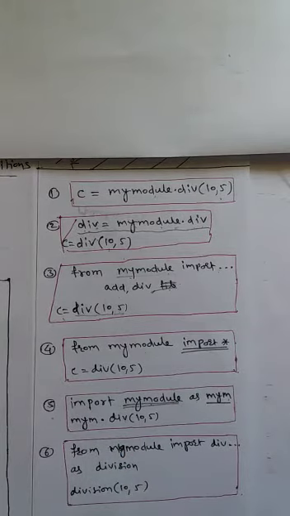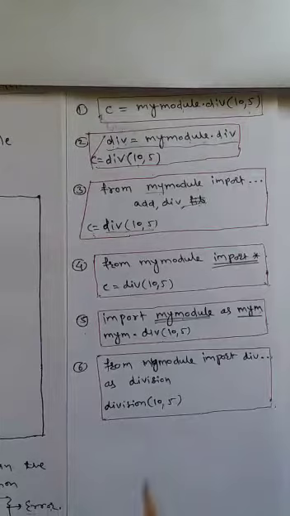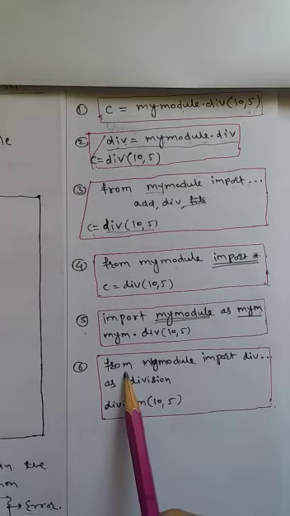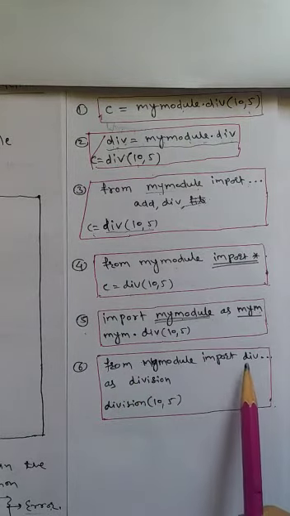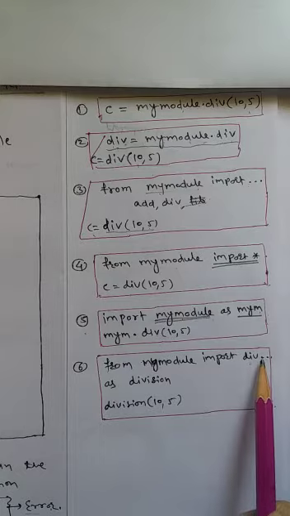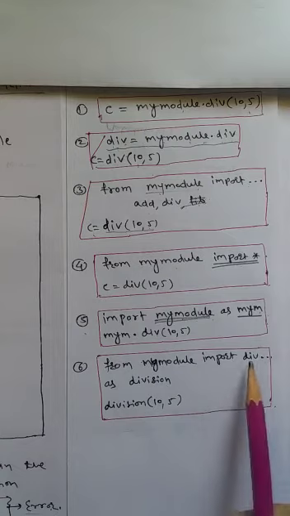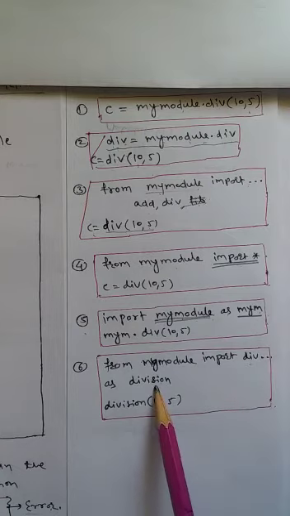Okay. Now one last example, how we can write from my module import div as division. Again, these 3 dots indicate that the statement is continued on the second line.